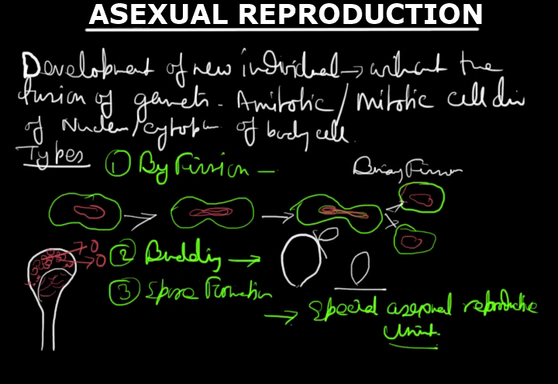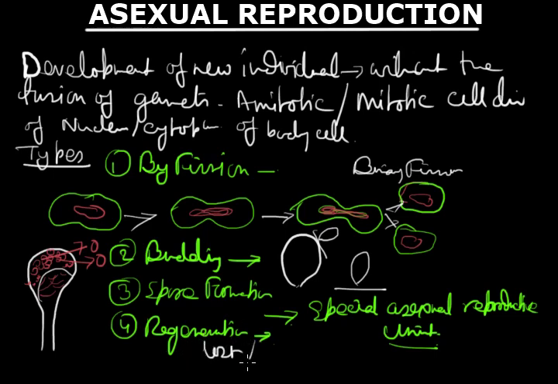Now, another type of asexual reproduction is regeneration. What is regeneration? It is found in some groups of animals like protozoans and sponges, where the organism develops from the lost or worn out parts of the body.